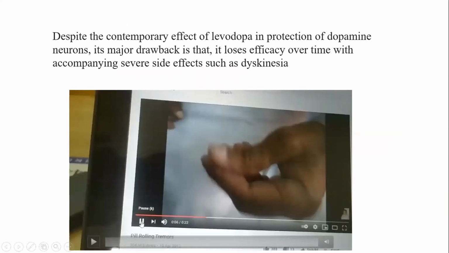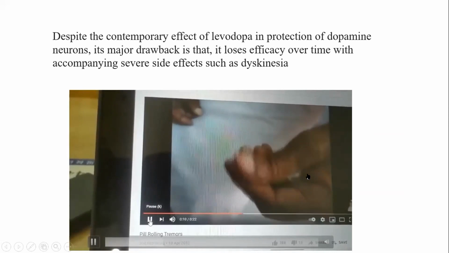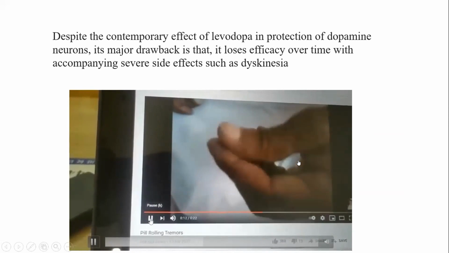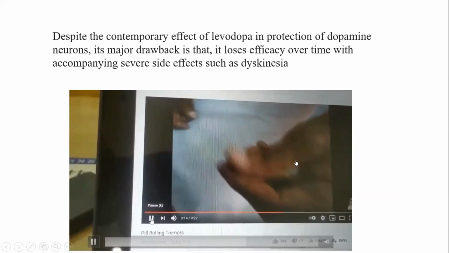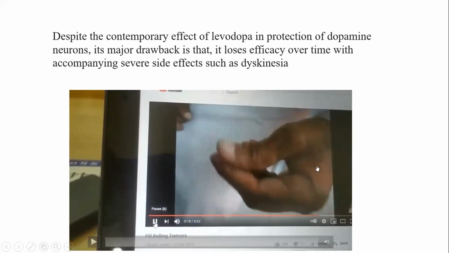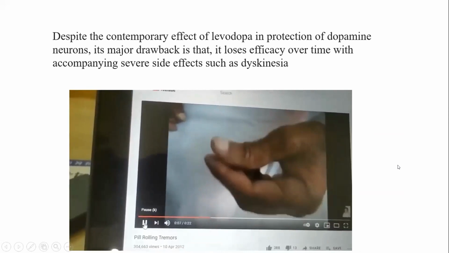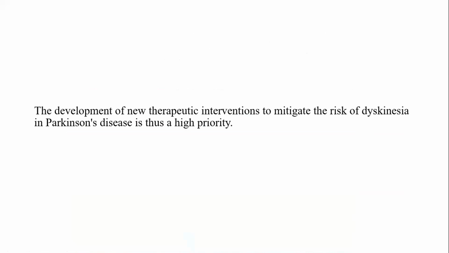This is how the dyskinetic patients will look like. Abnormal movement that can affect the lower limbs or even the upper limbs. So the development of new therapeutic interventions to mitigate the risk of dyskinesia in PD is a high priority.